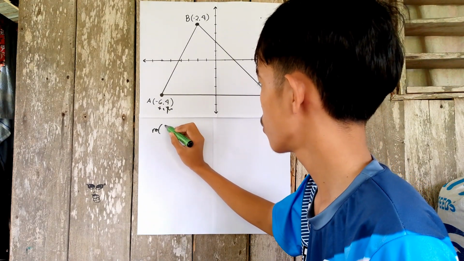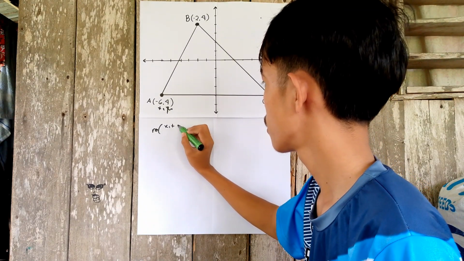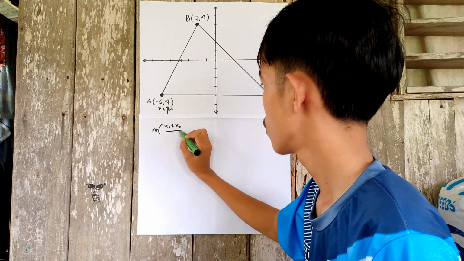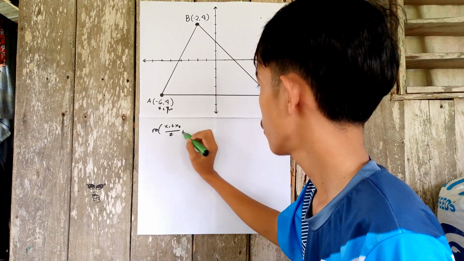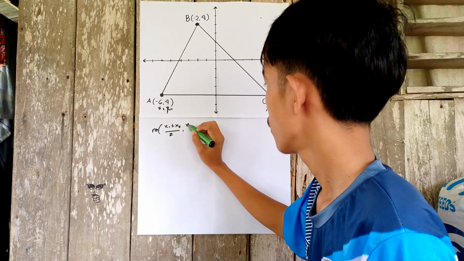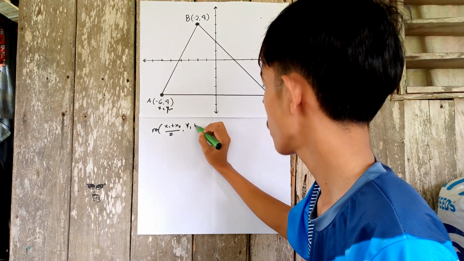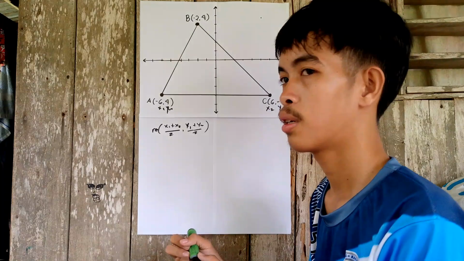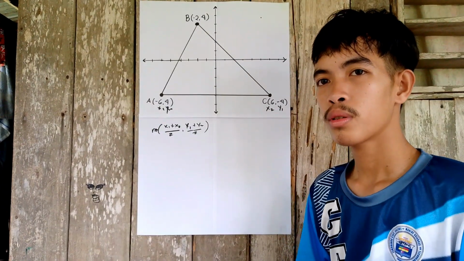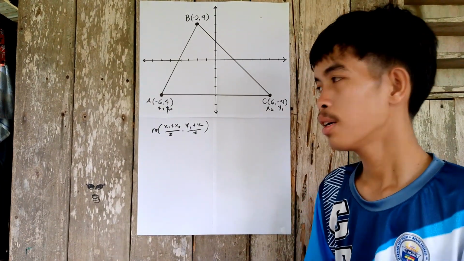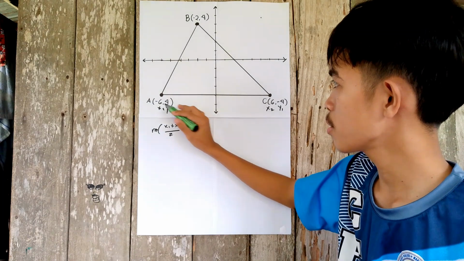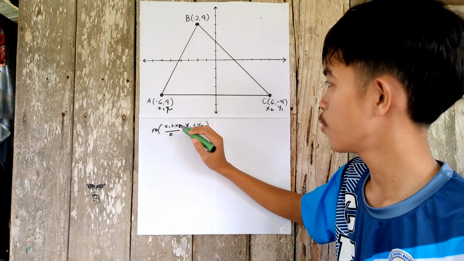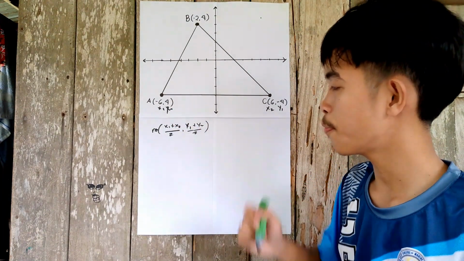So using the midpoint formula, the midpoint is equal to x1 plus x2 over 2, y1 plus y2 over 2. Now let us substitute these values into the formula.